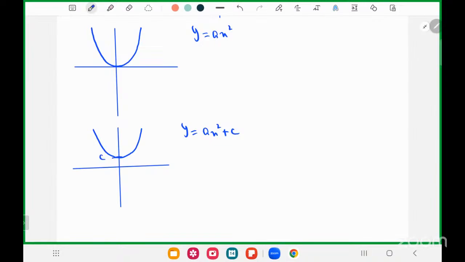This will be c. If y is equal to ax square minus c, it will shift vertically downwards. Yes, exponential graph goes to infinity.